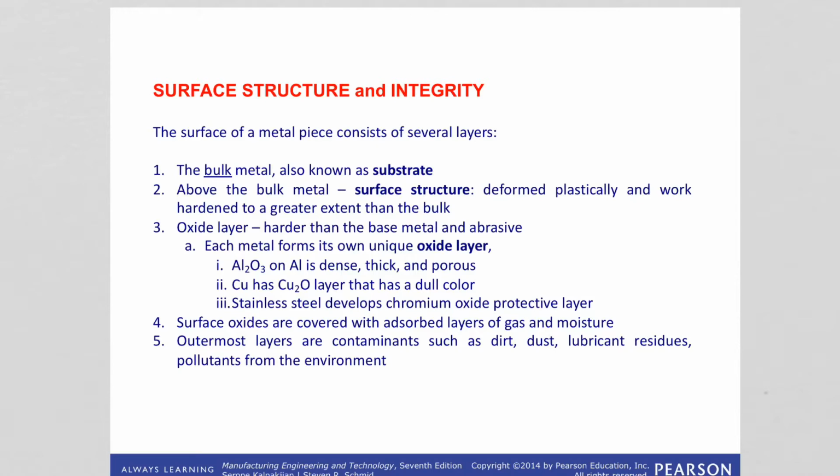The exterior of the part is a surface that is anything but straight and smooth. When we magnify it, the surface actually has roughness, waviness, flaws, and it has a pattern, a direction due to the mechanical process that produced it, such as plastic deformation and work hardening, because the surface experiences those to a greater extent than the bulk.